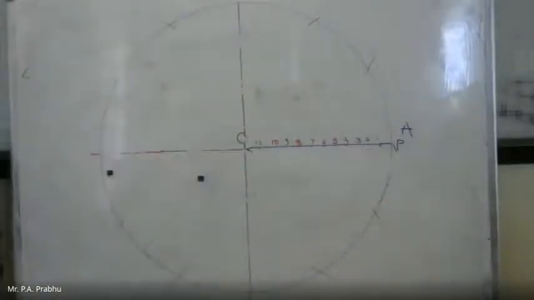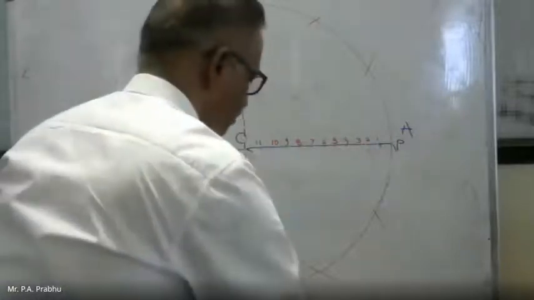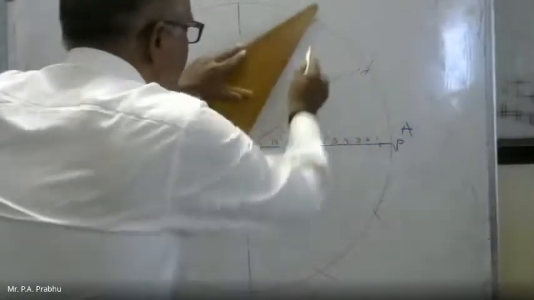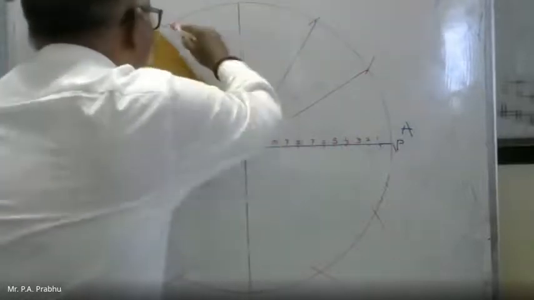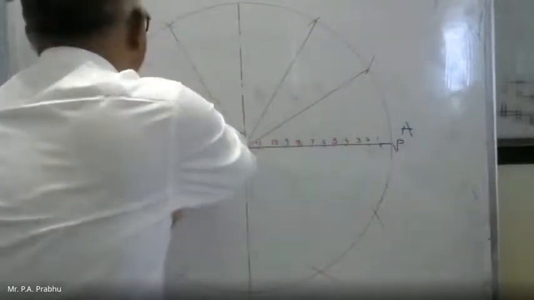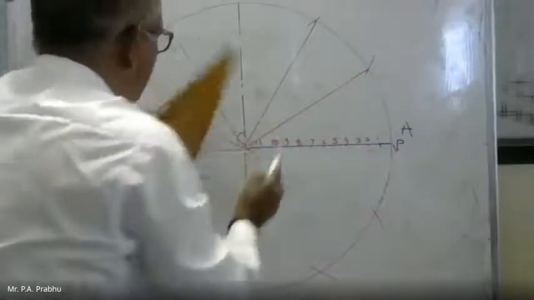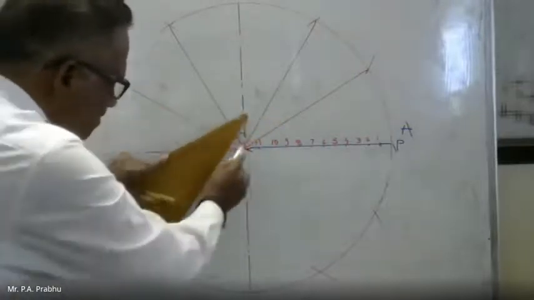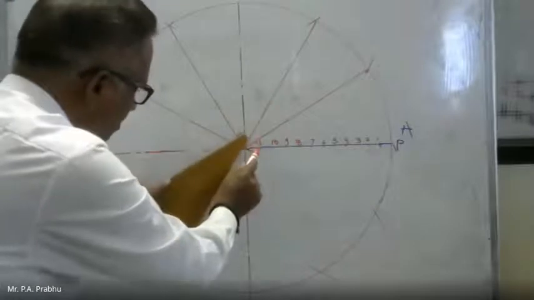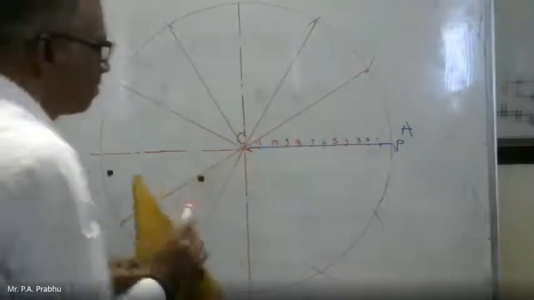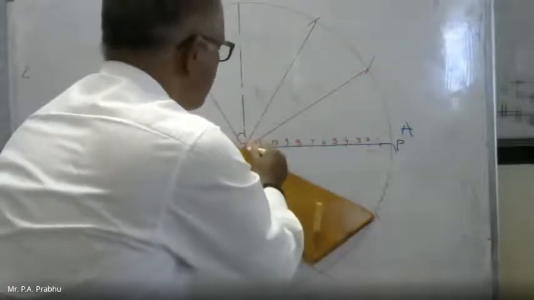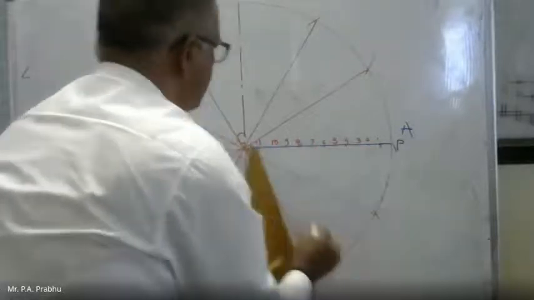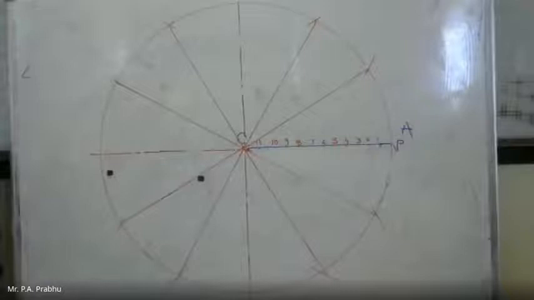So divide your circle into 12 equal parts, then join these points. So I have divided this circle into 12 equal parts.